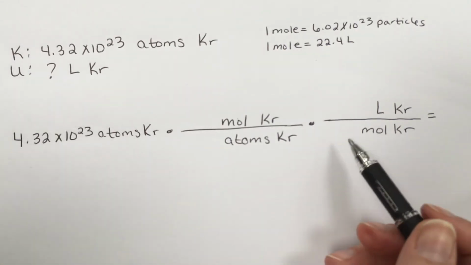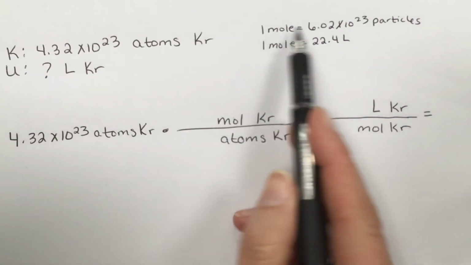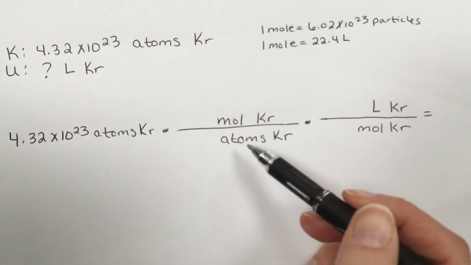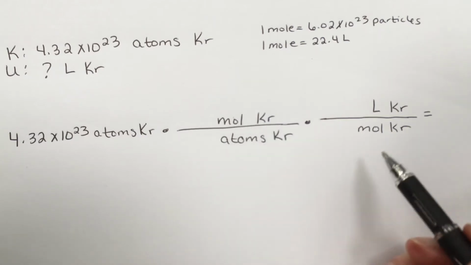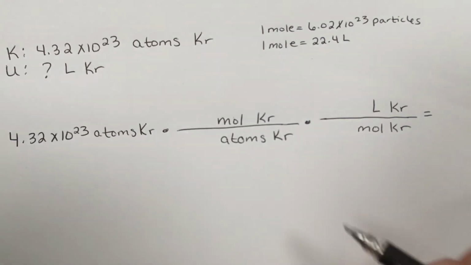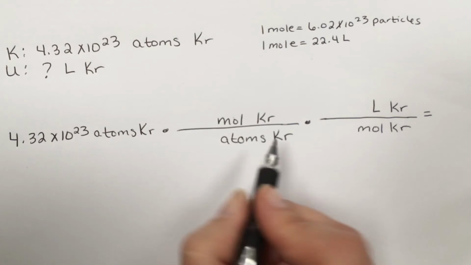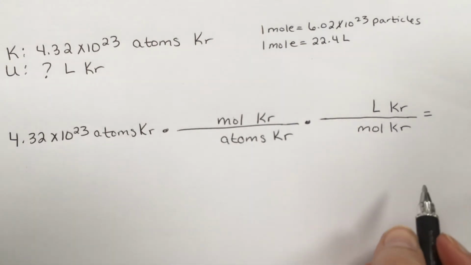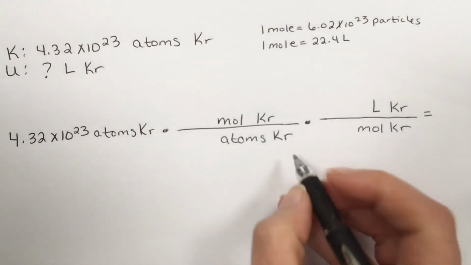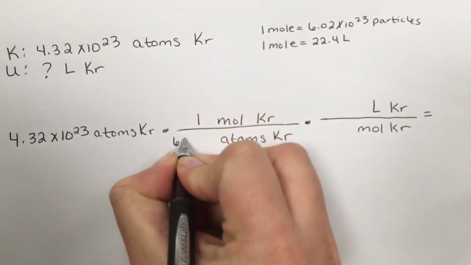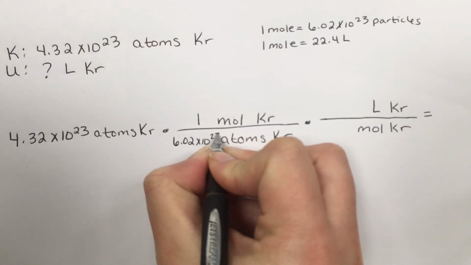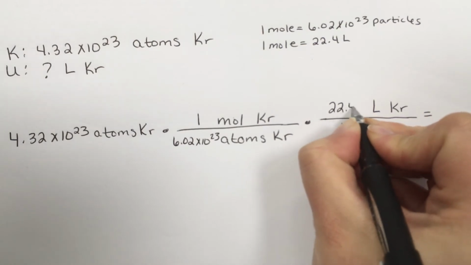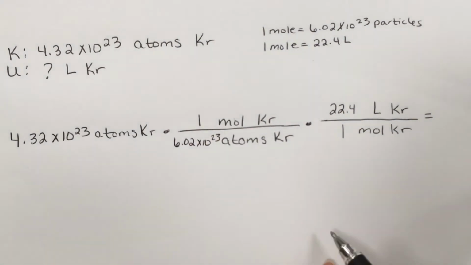The reason this is a 2-step problem is because we don't have a conversion factor that says for this many atoms it's this many liters. We do know how many atoms in a mole, and we know how many liters in a mole. So that's why we had to do 2 steps. We don't have a conversion from atoms to liters. We had to convert to moles first. And that's the whole point of a mole. So for every 1 mole, we have 6.02 times 10 to the 23rd atoms, and for every 1 mole, we have 22.4 liters, always.